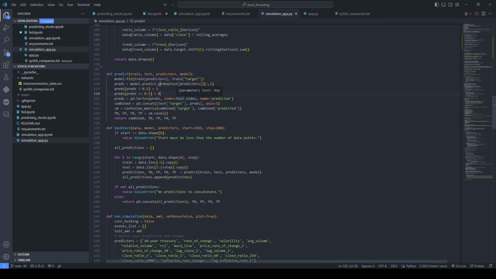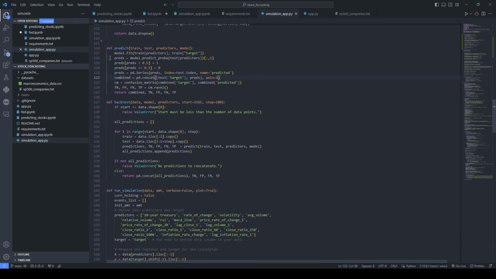If you want to be conservative, we can make it 65 or 70, it doesn't matter. When we are conservative, we're not buying many stocks, because we are really careful about saying it's going to go up. In a real case, that's what you would do, you would be more conservative. But in this app, we're not caring much.